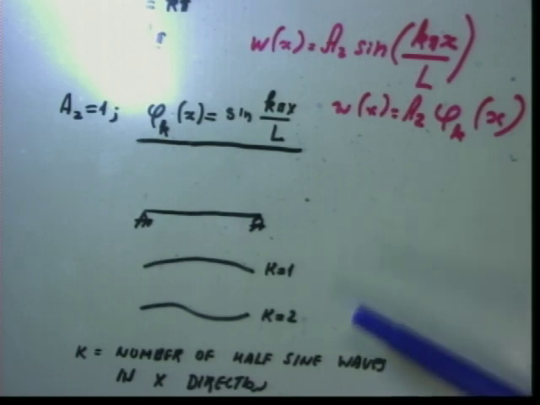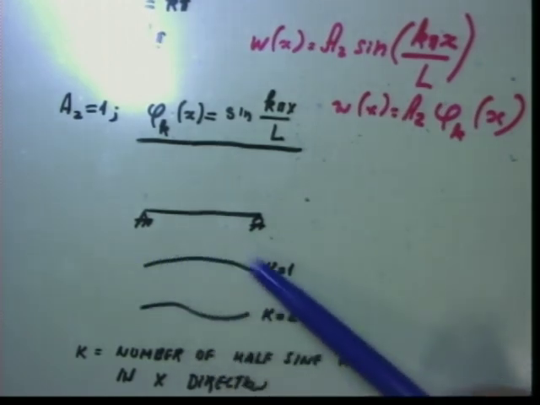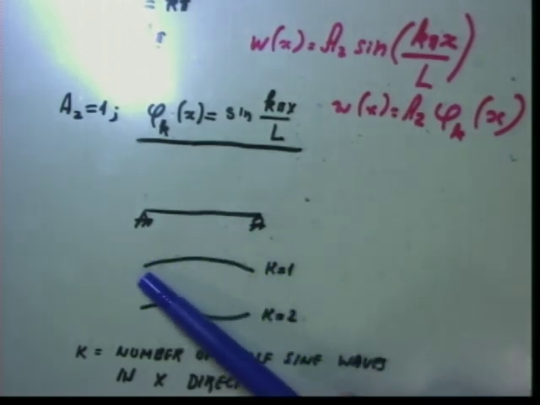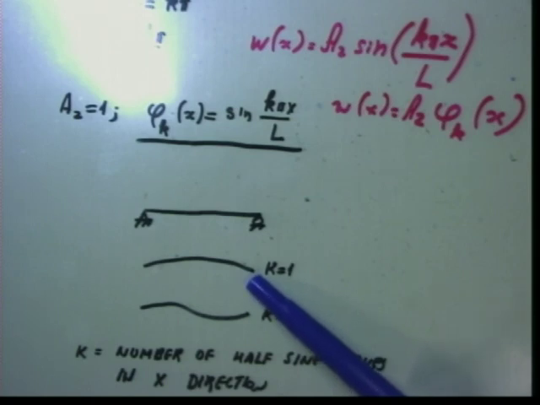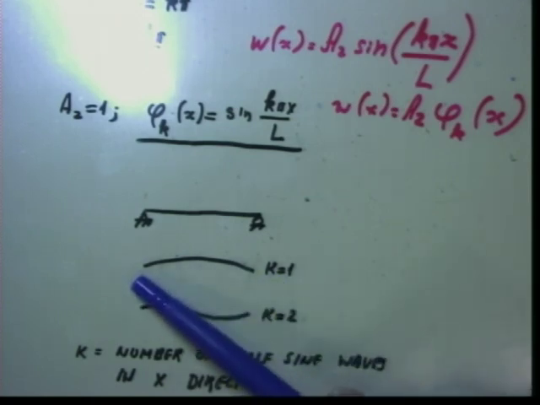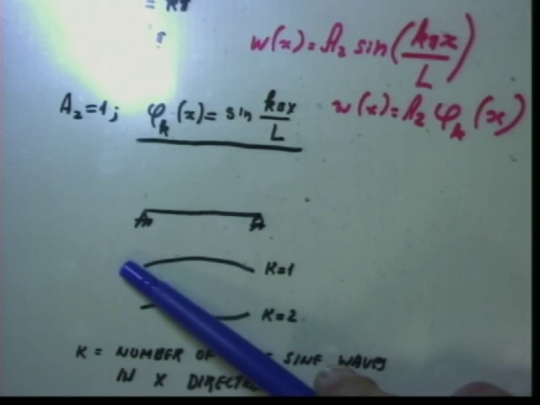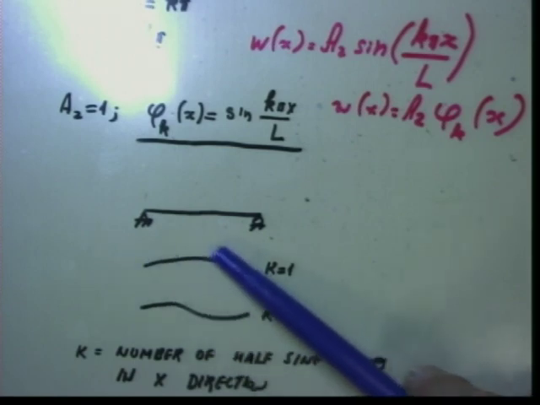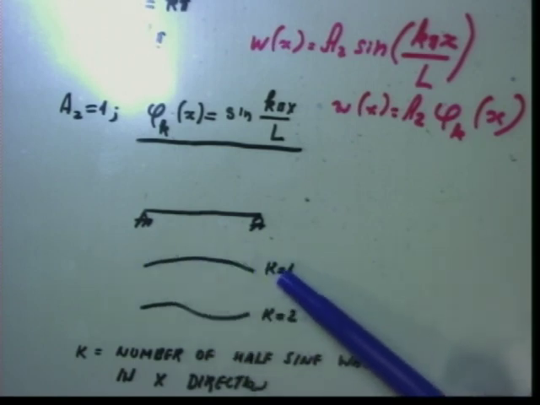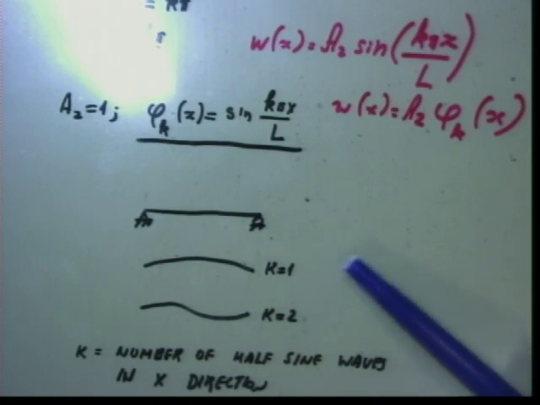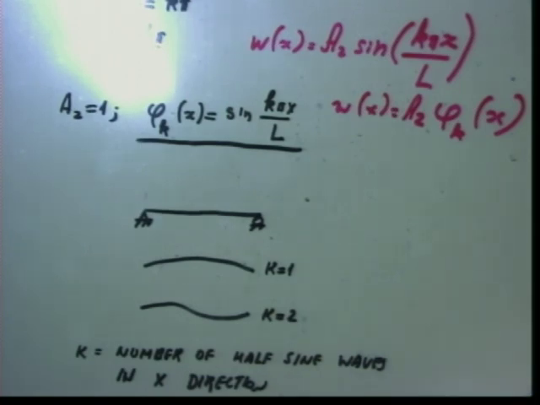Okay, when k equals 1, the shape is sinusoidal. So these are the ends. Ends are connected, so displacements are 0. So this is 1/2 wave of a sine function. Please write it down: 1/2 wave of a sine function.